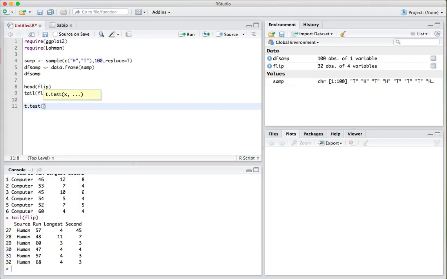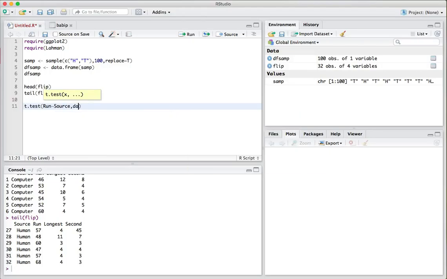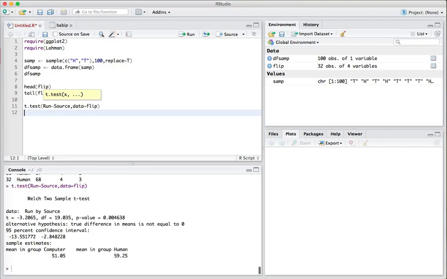So we're going to just test runs as a function of source, and the data is flip. And so we see that on average the R-generated coin flips had 51 runs, whereas the students had more runs, almost 60 runs.